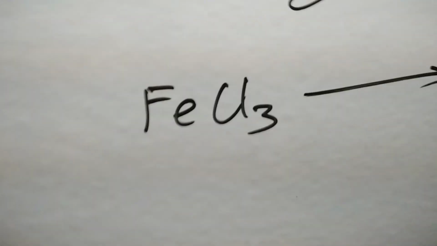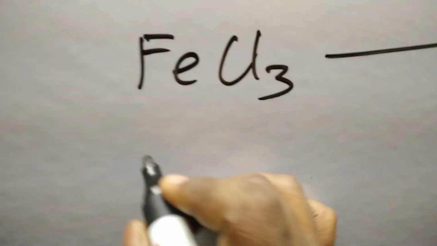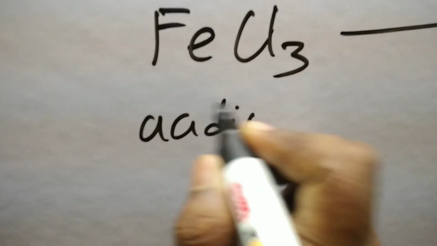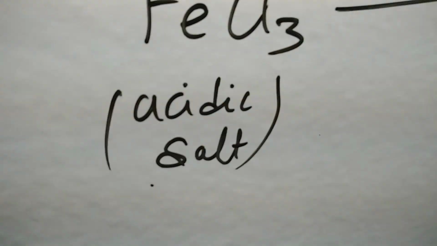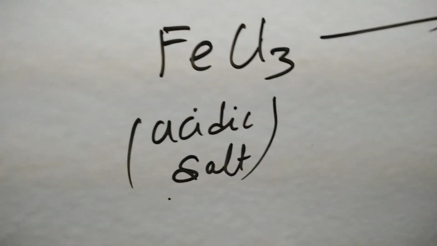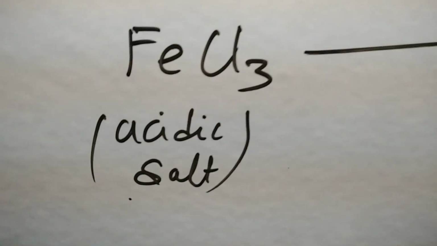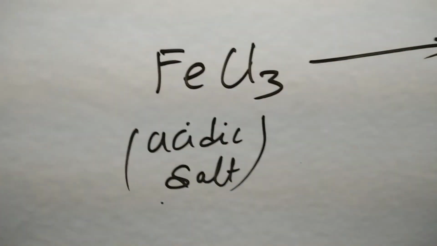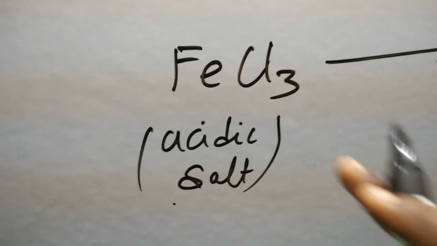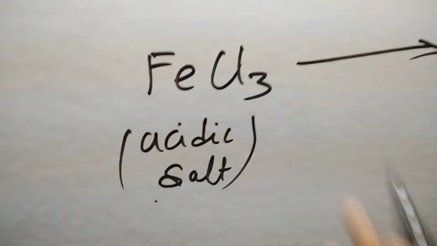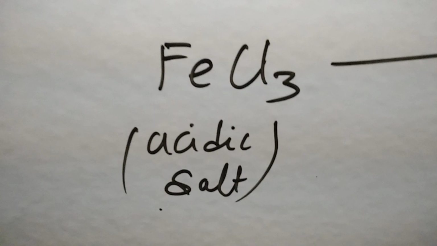When FeCl3, it is an acidic salt. When HCl reacts with Fe(OH)3, this salt is formed, that is acidic salt.